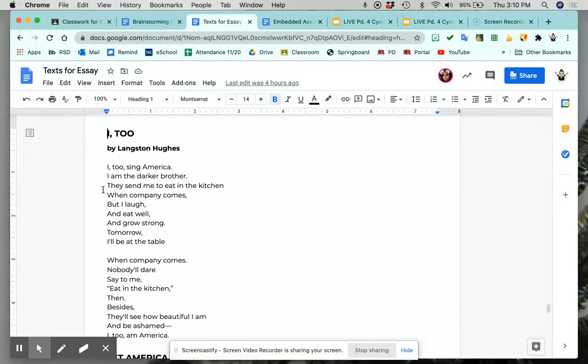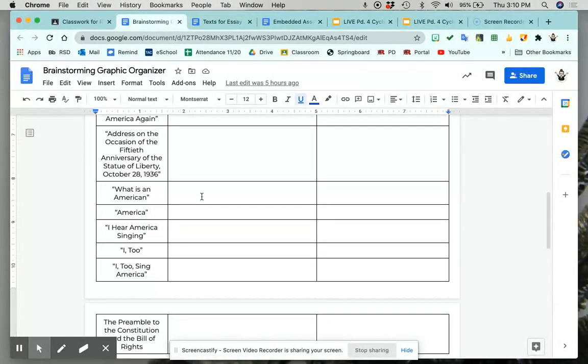So I'm going to say that I like that he talked about equality between races and ethnicities. So I take this section here where he uses this image of being sent away to eat when company comes. I'm going to copy it because I like that quote.